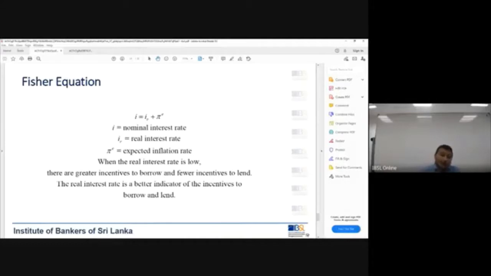So anybody looking at a nominal interest rate looks at his real interest rate expectation plus expected inflation. So always ex ante, I am looking at the future. I'm looking at what's happening 10 years from now.